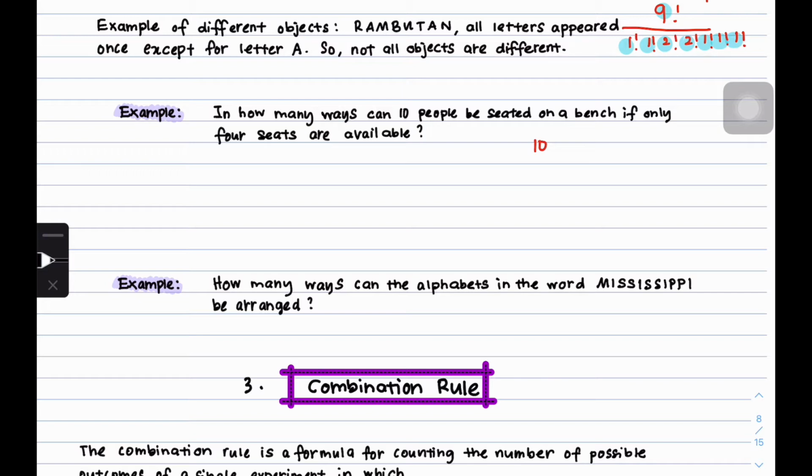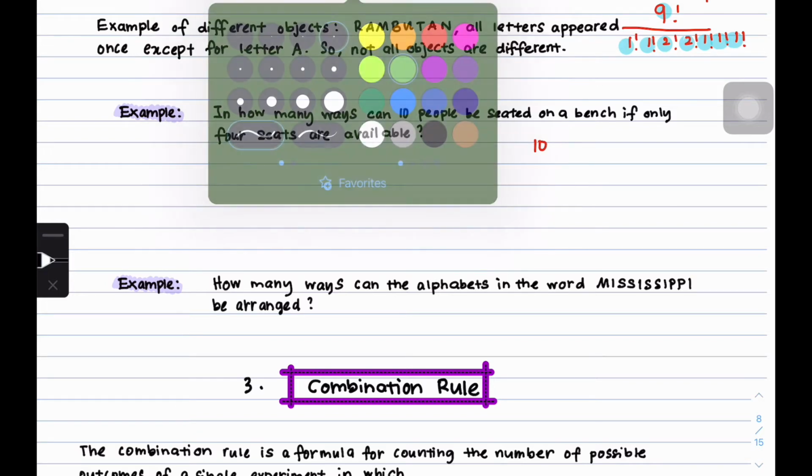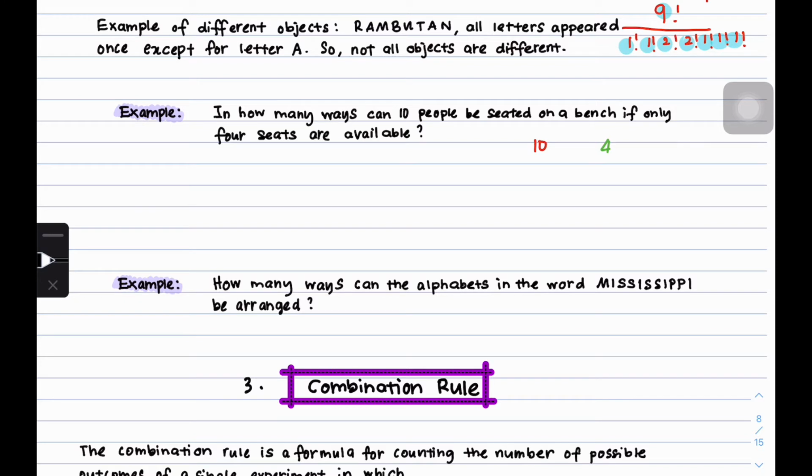So how many ways can 10 people be seated on a bench if only 4 seats are available? We have only 4 seats. We have 10 people, but we have only 4 seats. So how many ways can we choose from these 10? We want to choose only 4. Because they are all different, we use the first permutation rule, where we have all 10 objects and we want to permute only 4. So 10 permute 4, you can directly calculate using your calculator, or else you can use the formula.